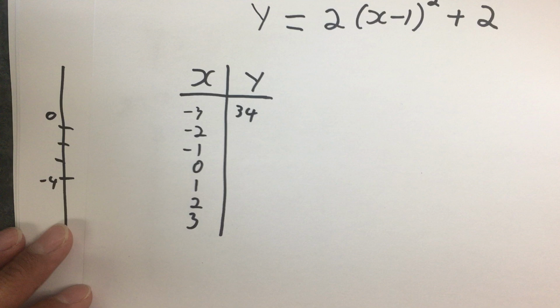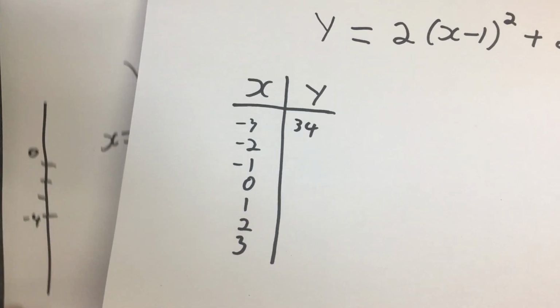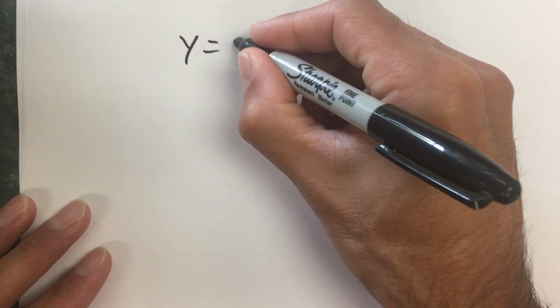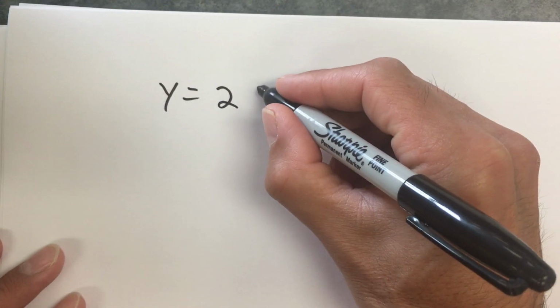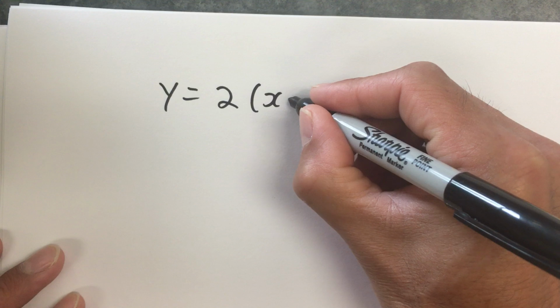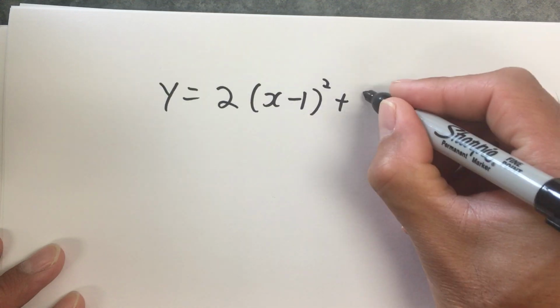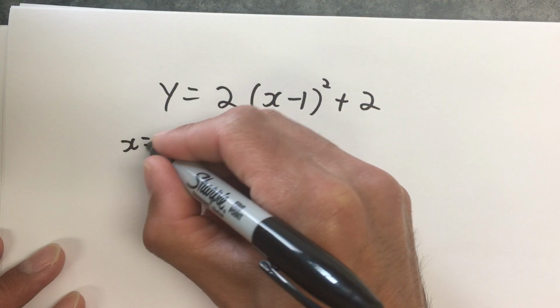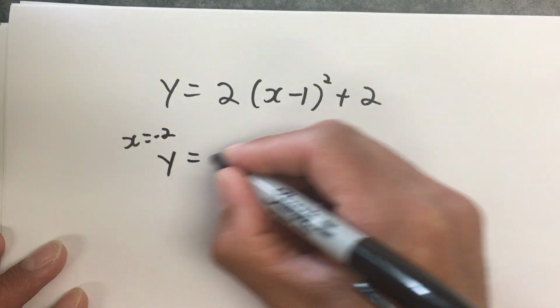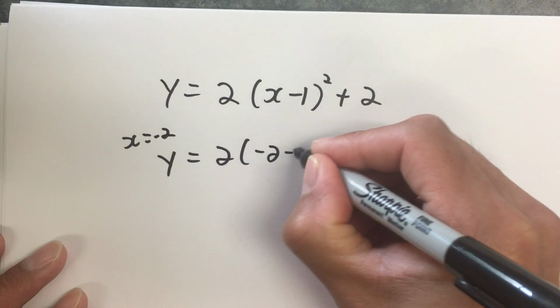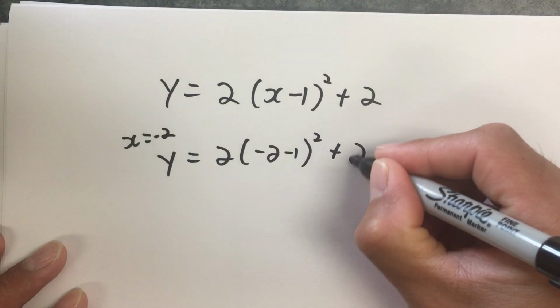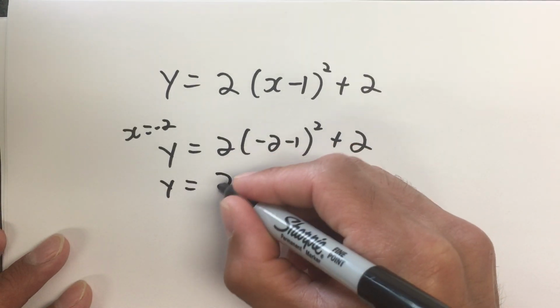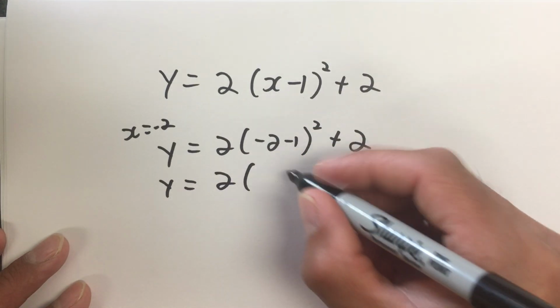Let's try the -2. I'll talk less and try and do it a little bit quicker. Remember, I do what's inside the brackets first.